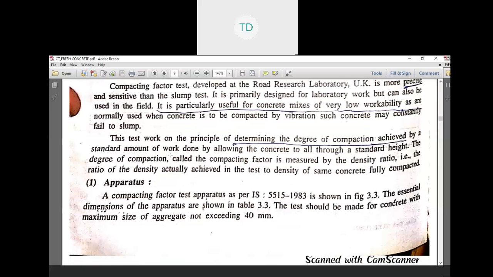This test works on the principle of determining the degree of compaction achieved by a standard amount of work done, by allowing the concrete to fall through a standard height. The degree of compaction, called the compacting factor, is measured by the density ratio.